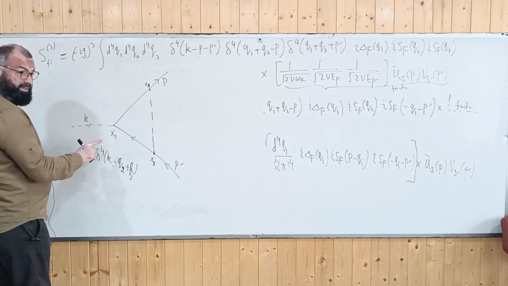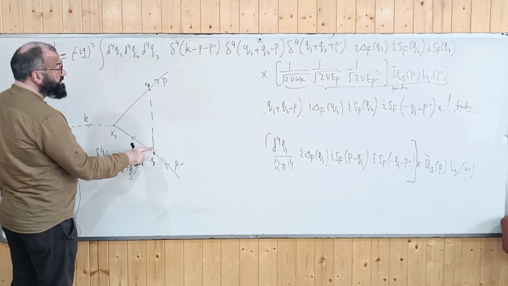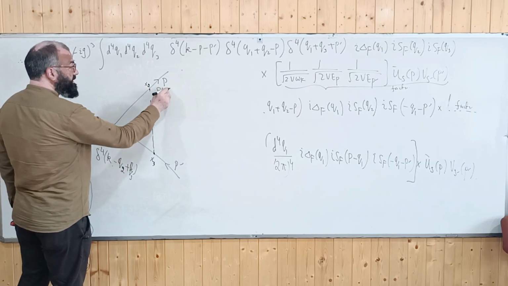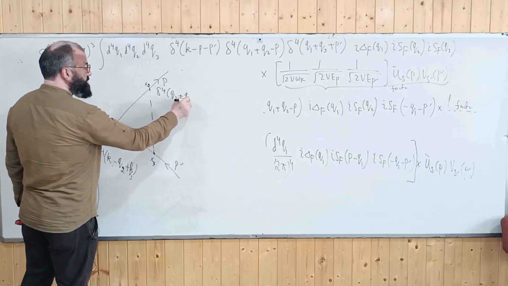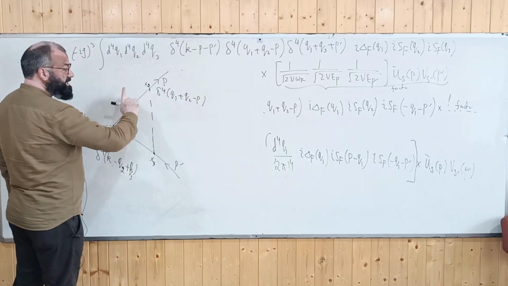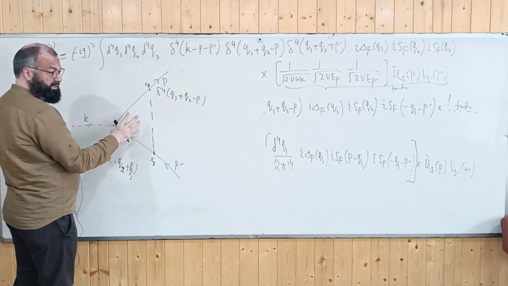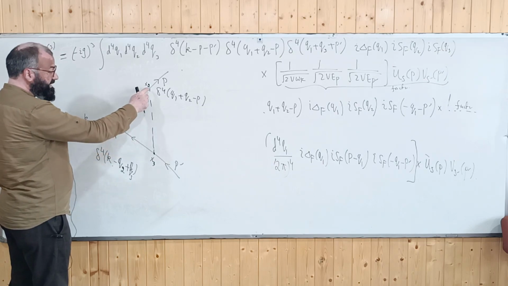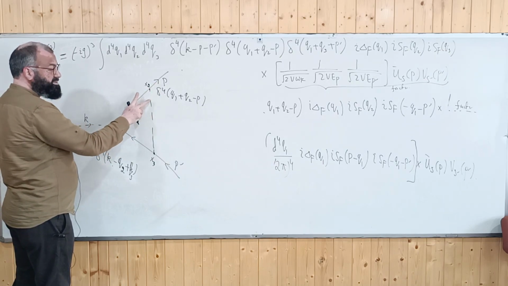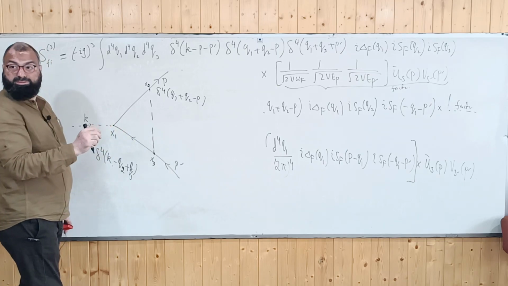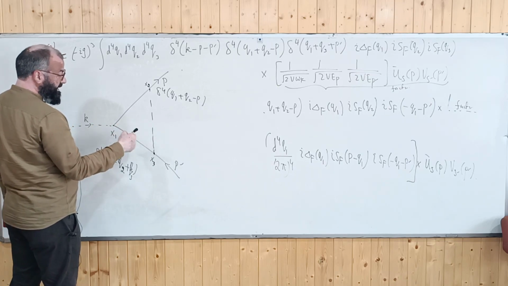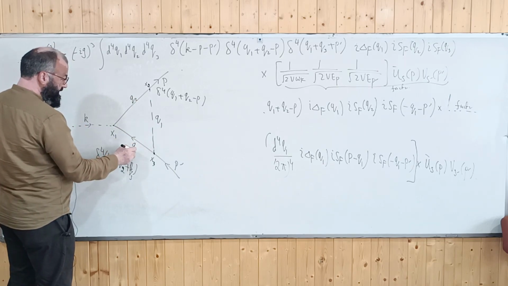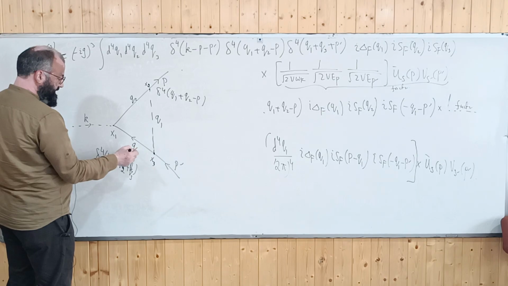Then tell me the delta function here: delta 4 of q1 plus q2 minus p. So p is going out. What it means is you have to adjust these q1 and q2 such that at this point p is equal to q1 plus q2. So let's say for one propagator, this is q1, this is q2, and this has to be something, q3.